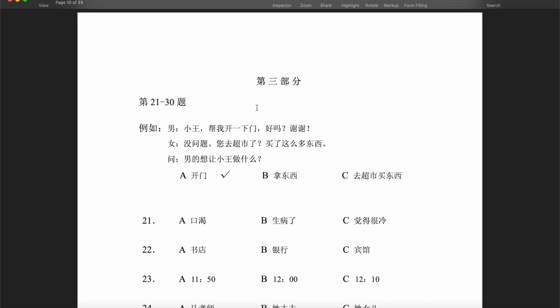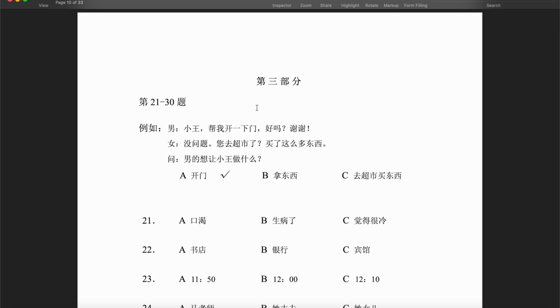Basically, till level 2 you can write HSK exams without knowing Chinese characters because there is pinyin, but from level 3 onwards Chinese characters become compulsory. So suppose you have studied till level 2 and you have not studied Chinese characters, only pinyin, and now you want to write the level 3 exam.